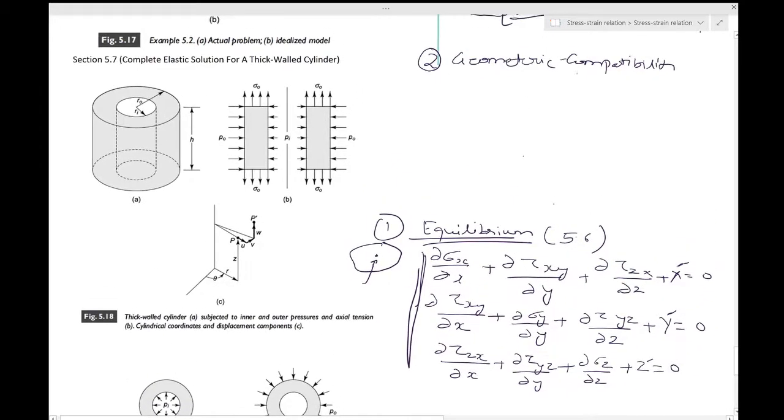Okay, so this is the strain displacement relationships, and we have also derived this at some point. I think for a 2-dimensional case, we did that in equation 4.33. Let me check that. Equation 4.33.